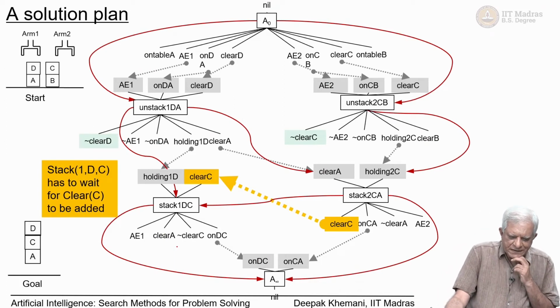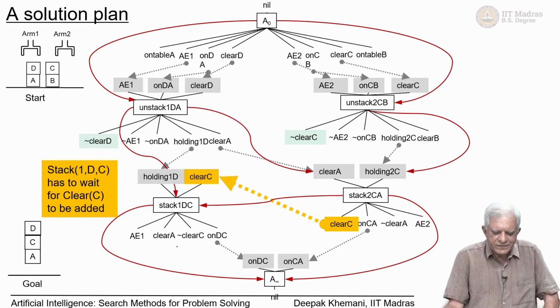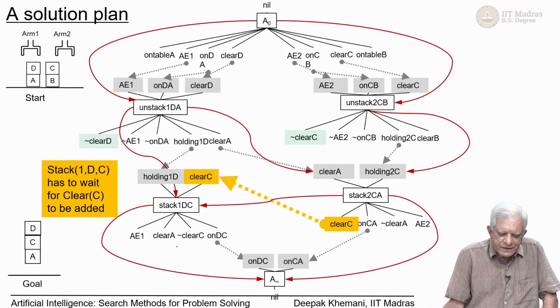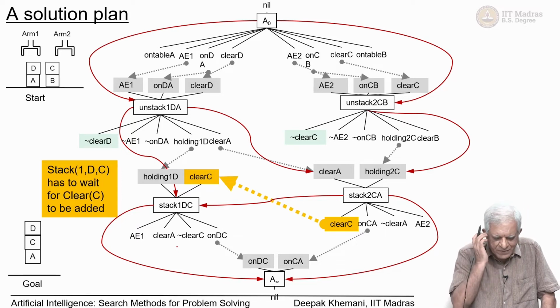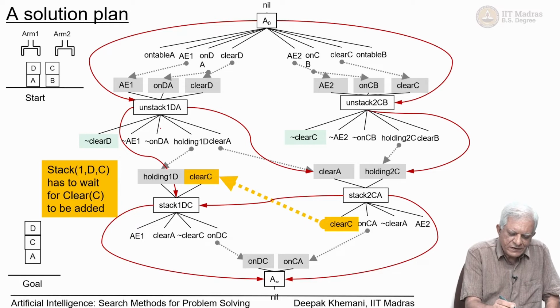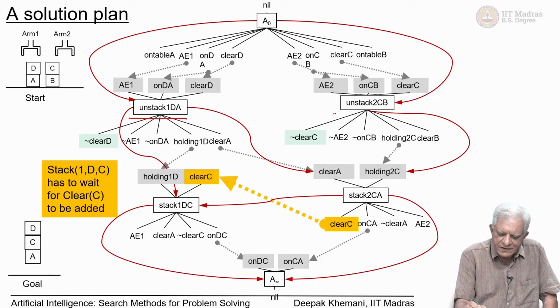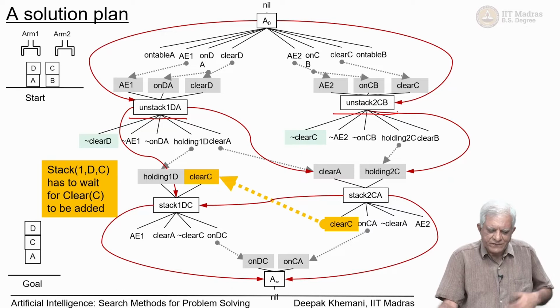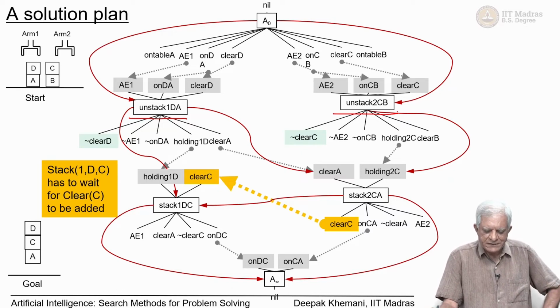So, here is a solution plan essentially for this problem. Let us look at it in a little detail here. If you look at the actions as they happen in some order here, so there are two robot arms, remember. The first arm unstacks D from A and the other arm unstacks C from B. So, those two arms are picking up those two blocks D and C in parallel.